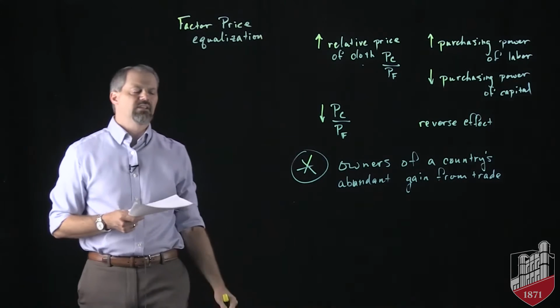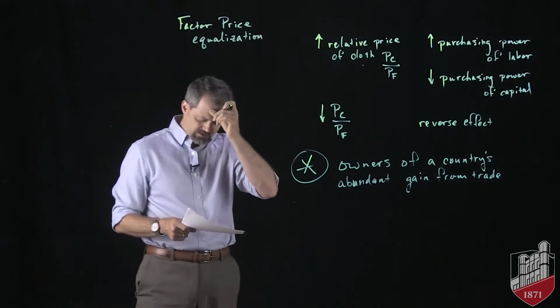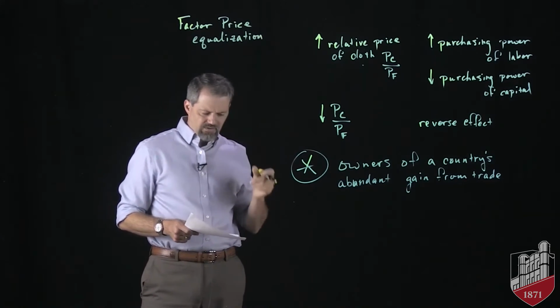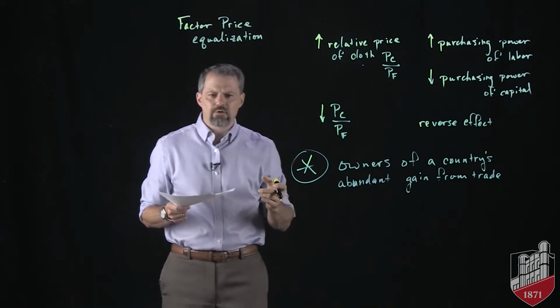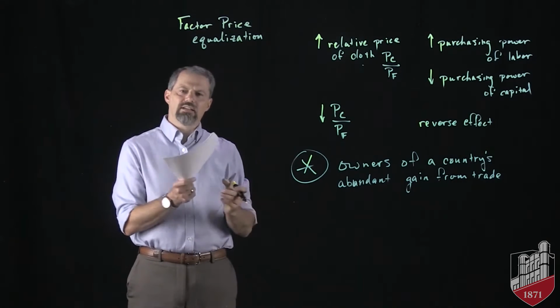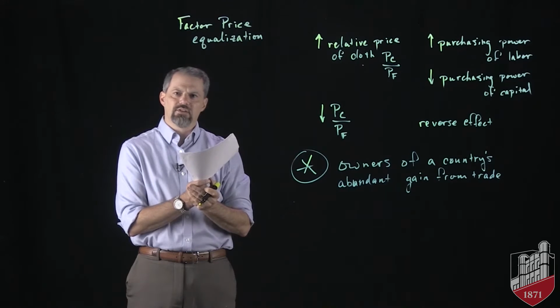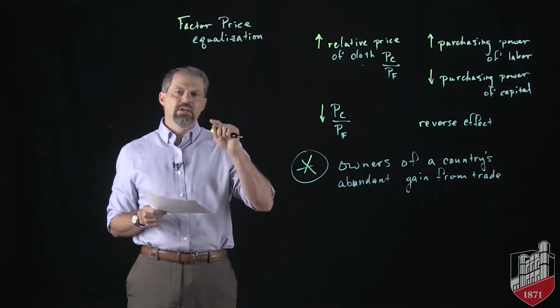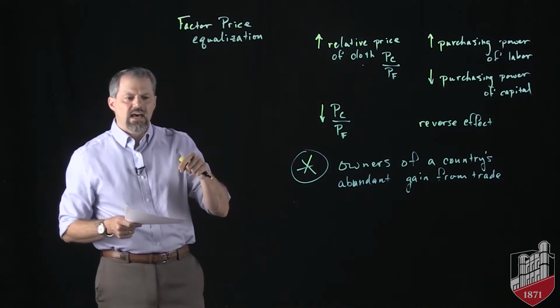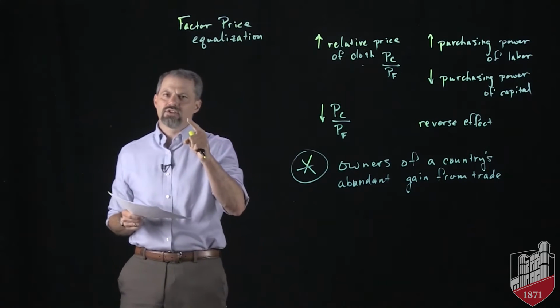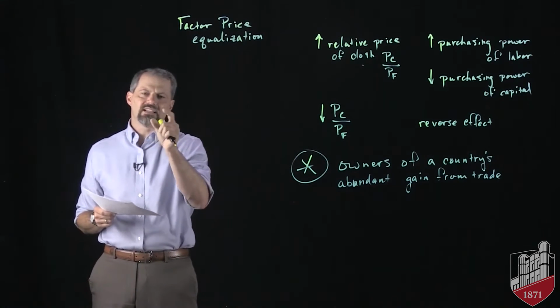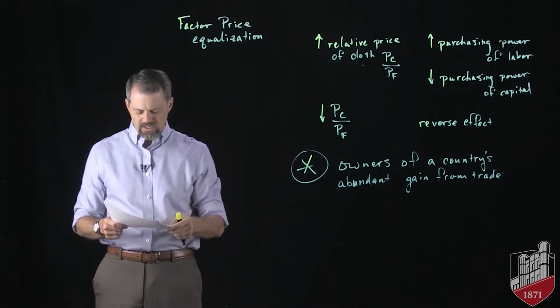Factor price equalization. So what this model tells us is that when we open up free trade, the output prices are going to be equalized between the two countries. And we saw earlier that there's a direct relationship between the output price in an economy and the relative wage.